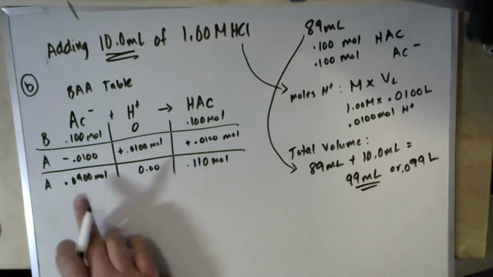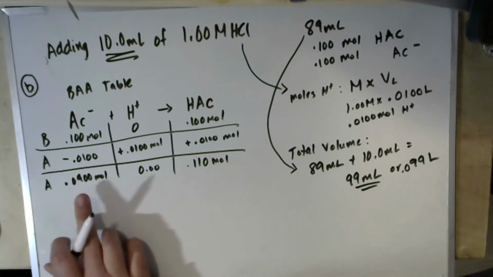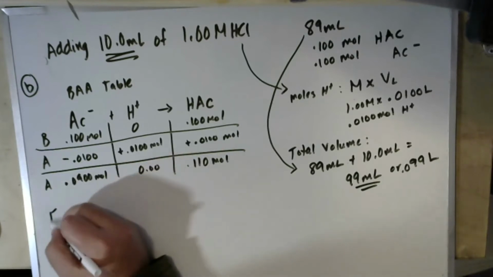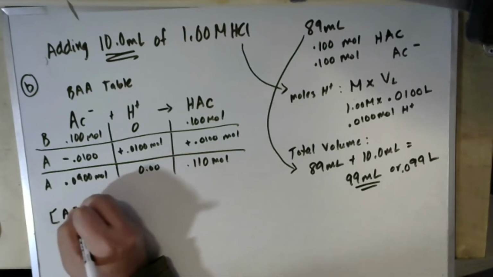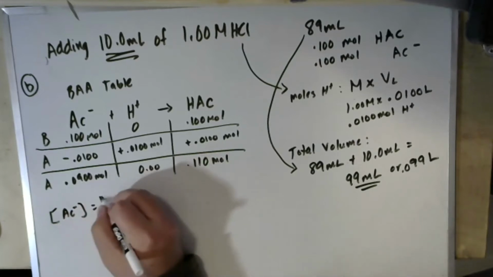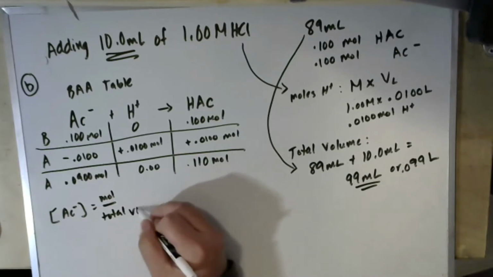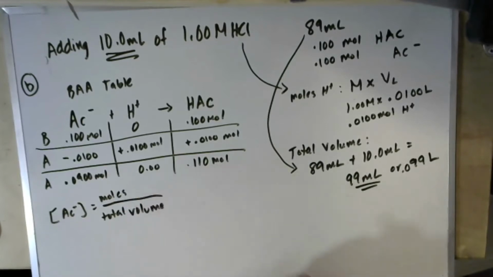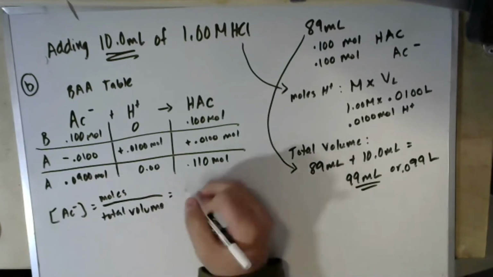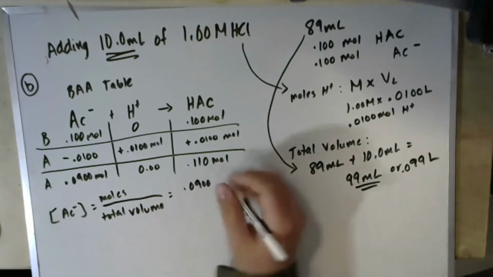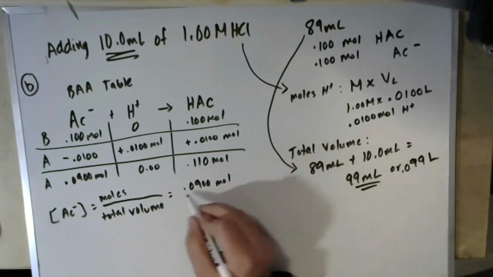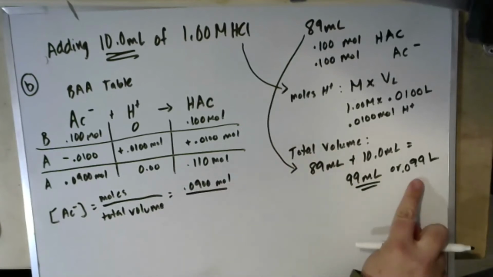So when we are finding the concentration of AC minus, it's going to be moles over total volume. So 0.0900 moles over 0.099 liters.